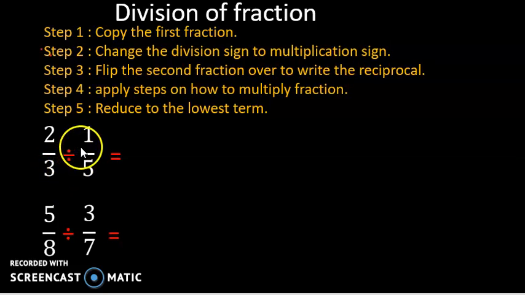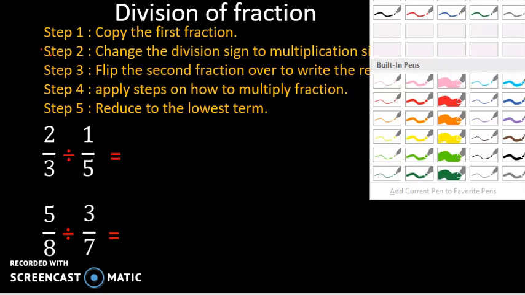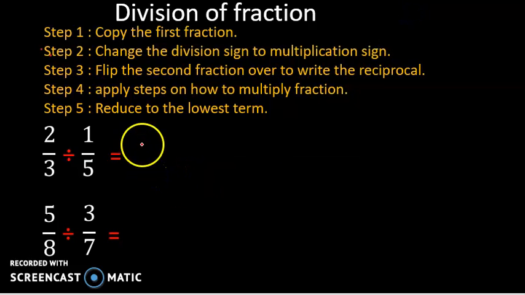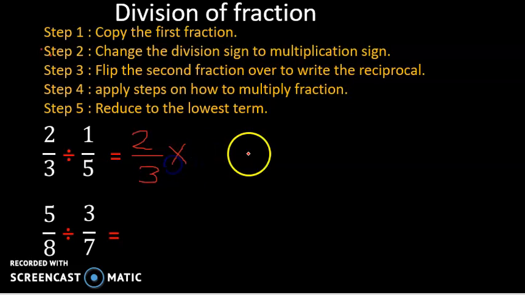2/3 divided by 1/5. Step number 1. Copy the first fraction. So the first fraction is 2/3. Step number 2. Change the division sign to multiplication sign. So division to multiplication.